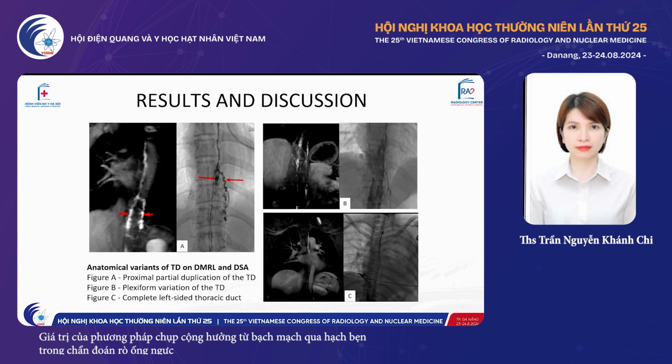These are anatomical variants of the thoracic duct on MRI and DSA. Figure A shows a patient with proximal partial duplication, and it is similar on DSA. Figure B shows a patient with a plexiform variation, and figure C shows a patient with complete left side thoracic duct, and both cases are entirely confirmed on DSA.